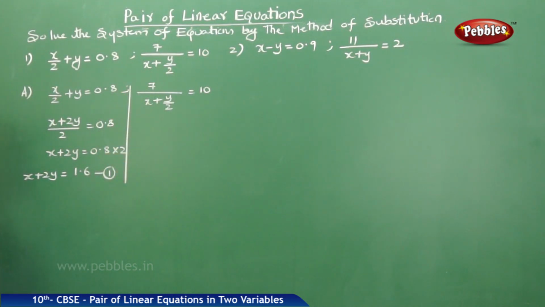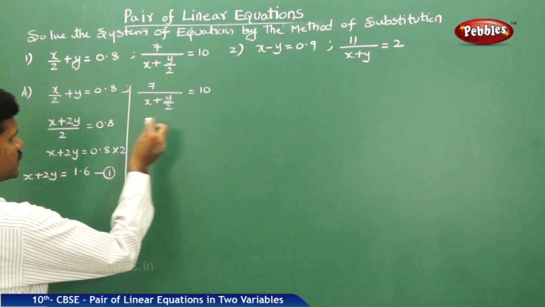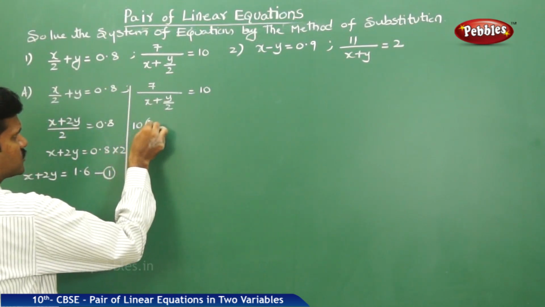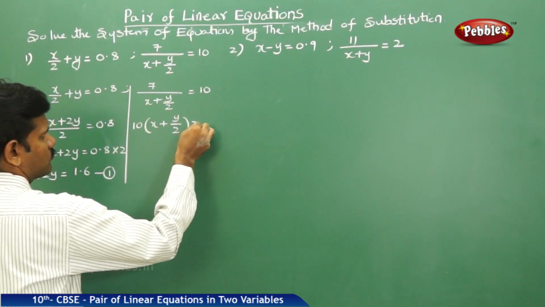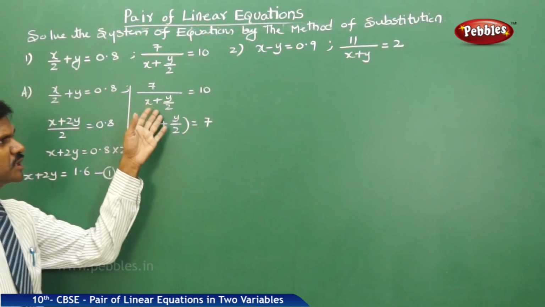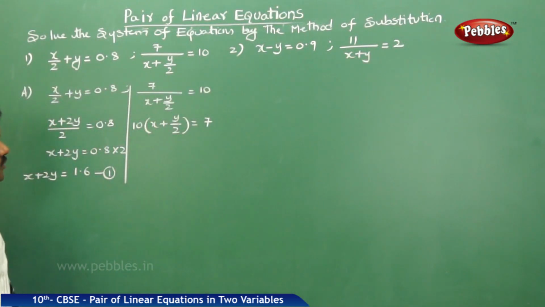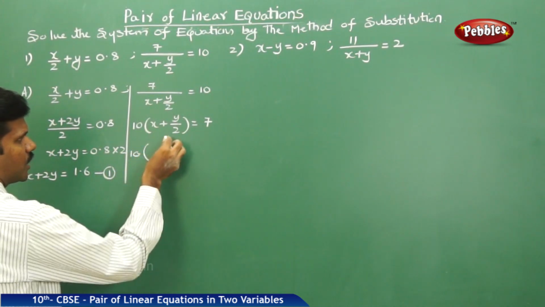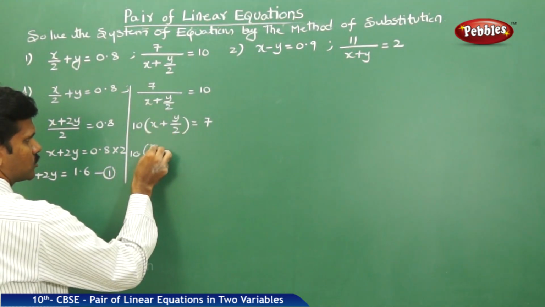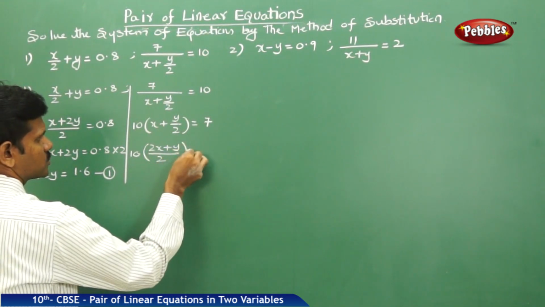Now come to the second. First of all, please cross multiply. That is, 10 times x plus y by 2 is equal to 7. The denominator part is cross multiplied towards the 10. After that, 10 times, complete the LCM: 2x plus y by 2 is equal to 7.